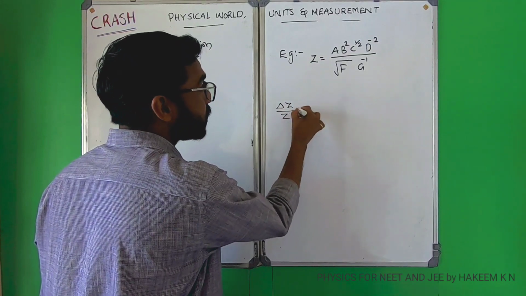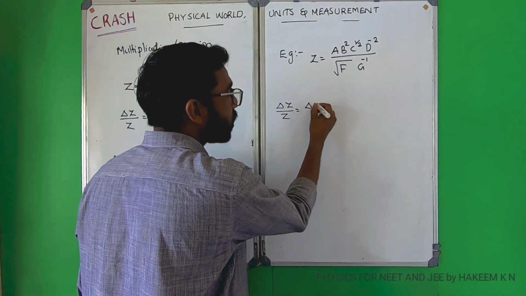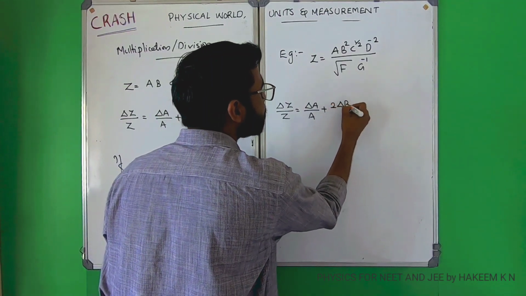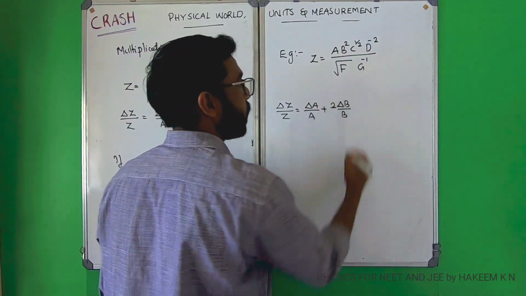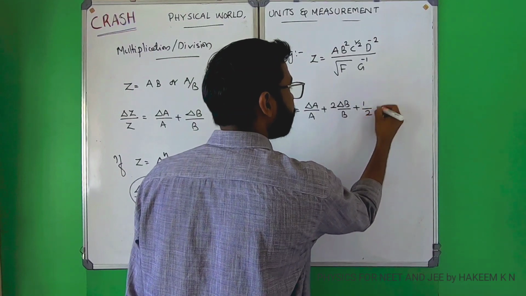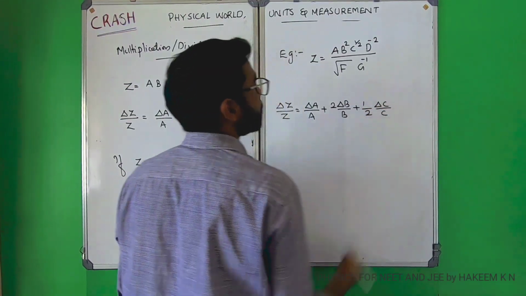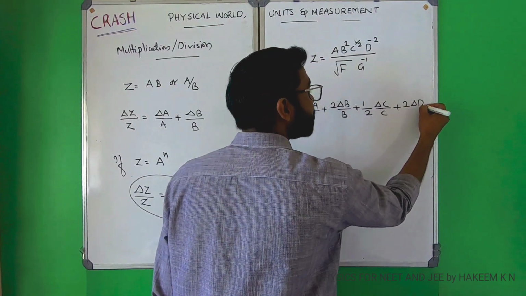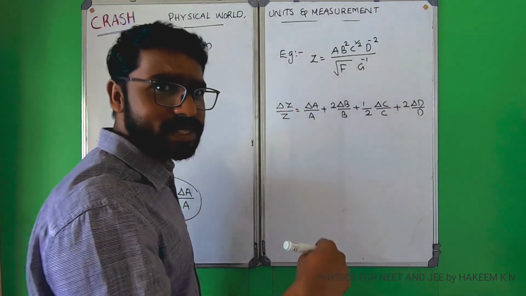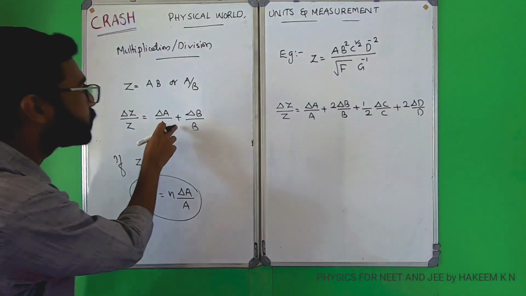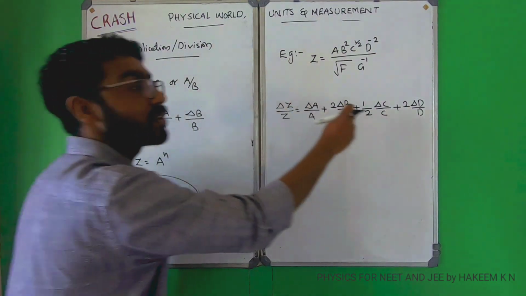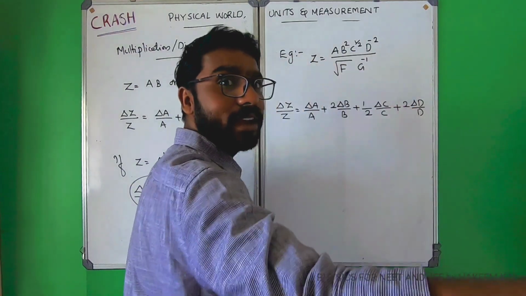Delta Z by Z equal to delta A by A plus 2 into delta B by B plus half into delta C by C plus 2 into delta D by D. Why plus? Relative errors are always added. If it may be multiplication or division, relative errors are always added.